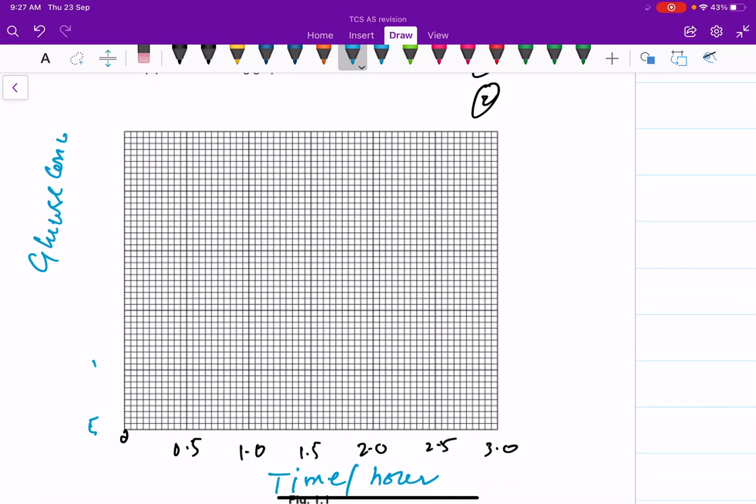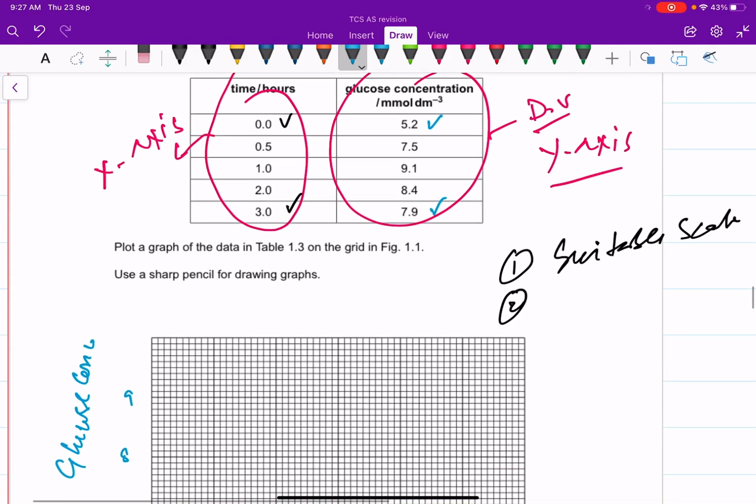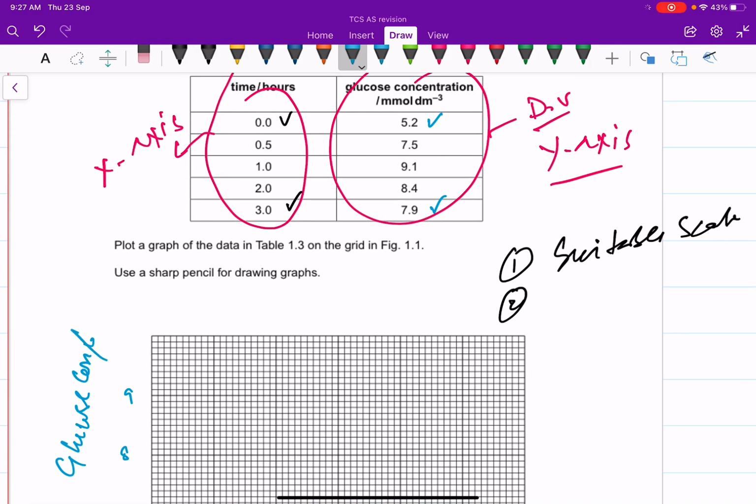That's fine. That's more than three quarters of this graph used in this way. This glucose concentration is in millimole per dm cube, so you should label it completely, millimole per dm cube.